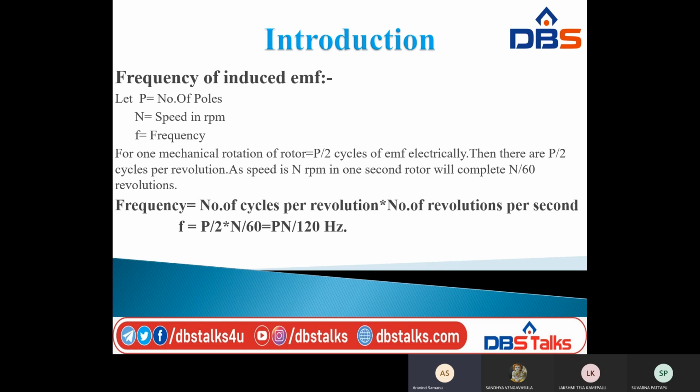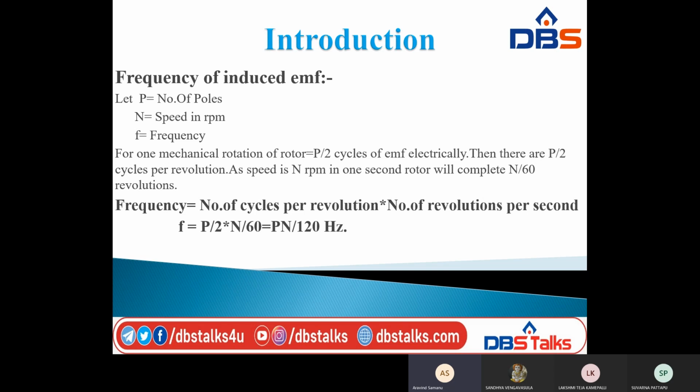As the speed is N RPM, in 1 second the rotor will complete N by 60 revolutions. Here the formula is frequency equal to the number of cycles per revolution, that is P by 2. We already discussed that for one mechanical rotation of the rotor there are P by 2 cycles of EMF.